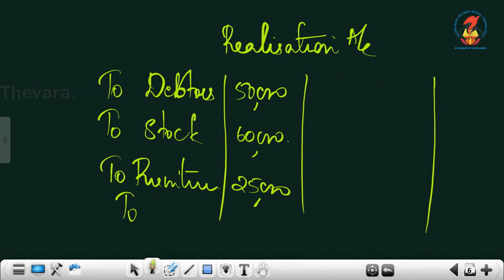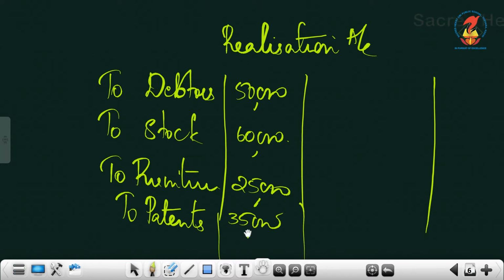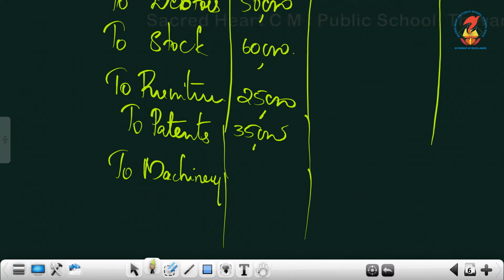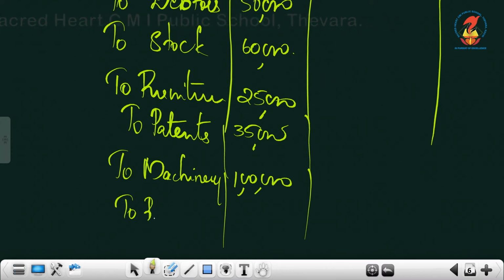Then patents 35. Machinery 1 lakh. Building 3 lakh 20.